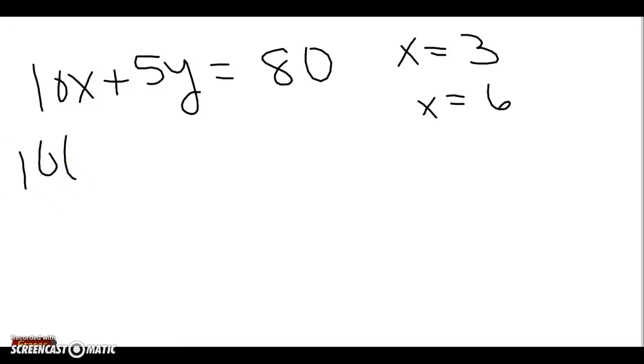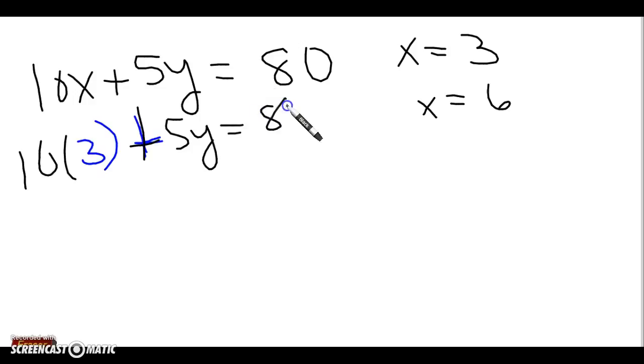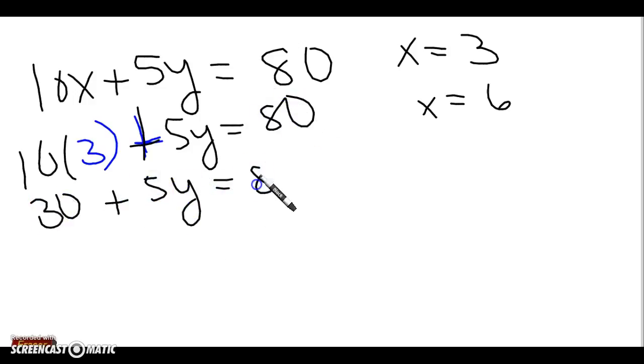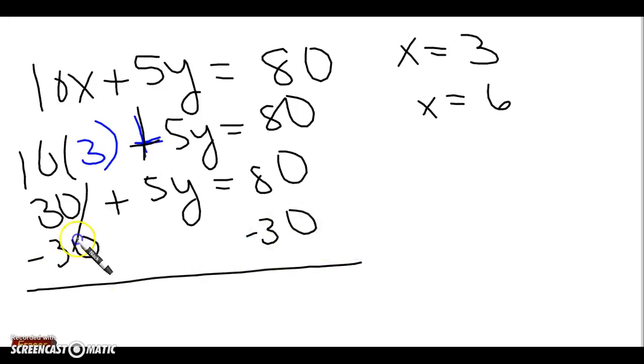So I have 10 times 3 plus 5y equals 80. So I get 30 plus 5y equals 80. So I subtract 30 from both sides now. I can solve for y now. And I get 5y equals 50.